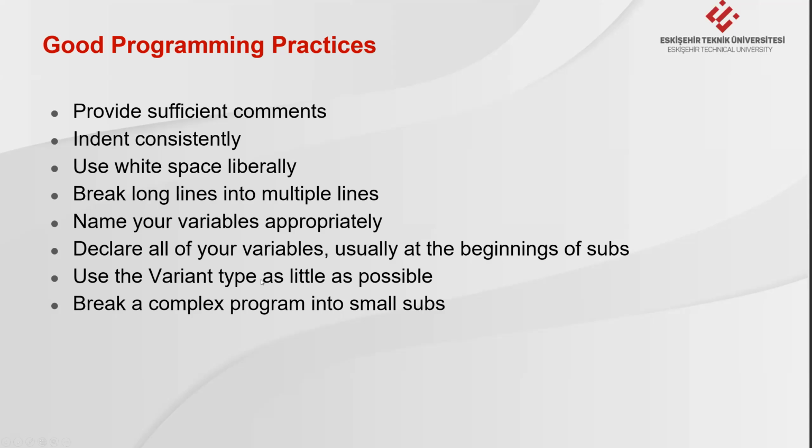Because of that, try not to use variants, and break a complex program into small subs. Don't write a sub with 1,000 lines. Okay, so try to make your subs as simple as possible.